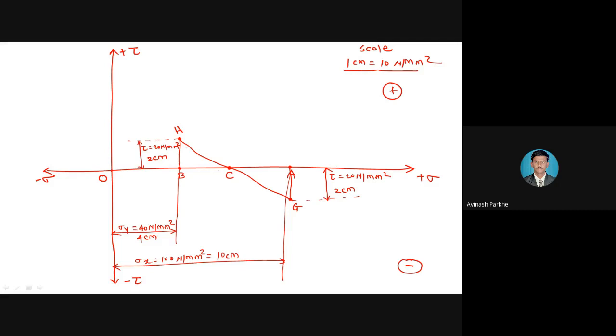Take the inclined radius CH or CG and draw one circle which passes through the point H and G. The circle will not pass through the point B and A. Why? Because I have not taken the radius CB or CA. So take the radius CH or CG and draw one circle which passes through the points H and G.